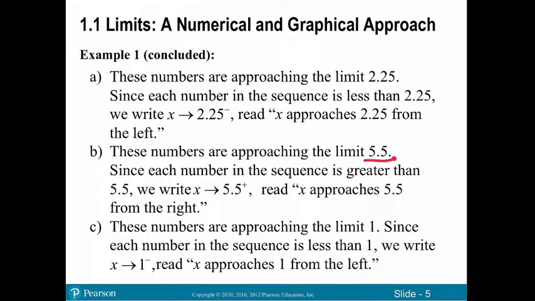Since each number in the sequence is greater than 5.5, we say x approaches 5.5 coming from the right. And in part C, these numbers are approaching the limit 1. Since each number in the sequence is less than 1, we write x approaches 1 from the left. Okay.